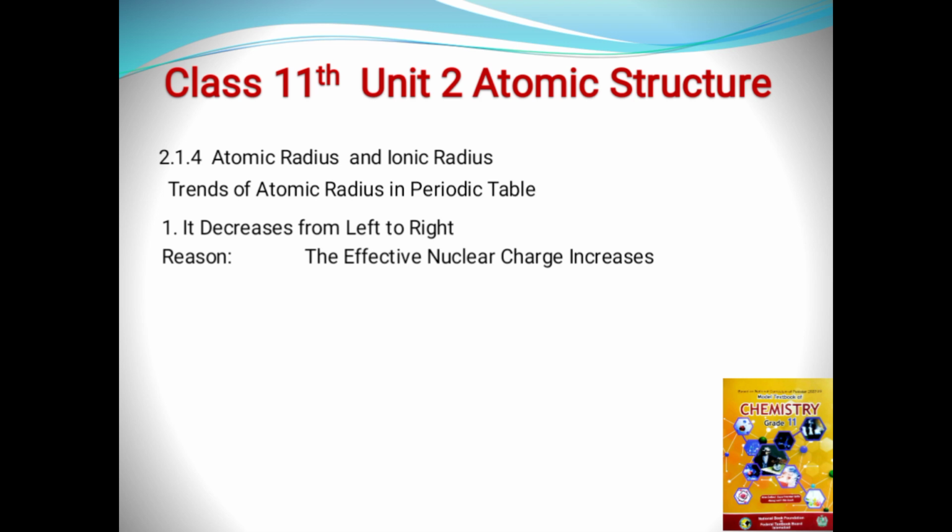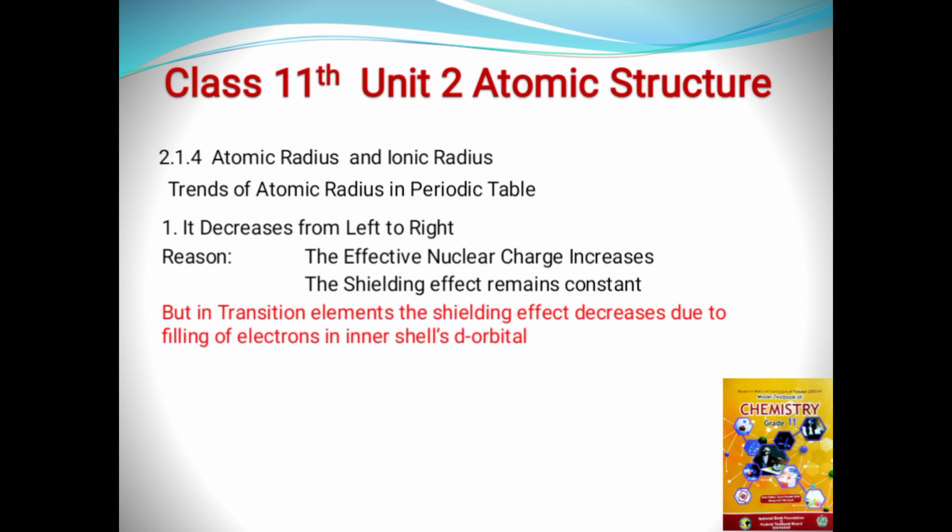You know that effective nuclear charge is in fact the charge of the nucleus, that is equal to the number of protons. The shielding effect remains constant. Since it remains constant, only the effective nuclear charge, or simply nuclear charge, will affect the radius of the atom.